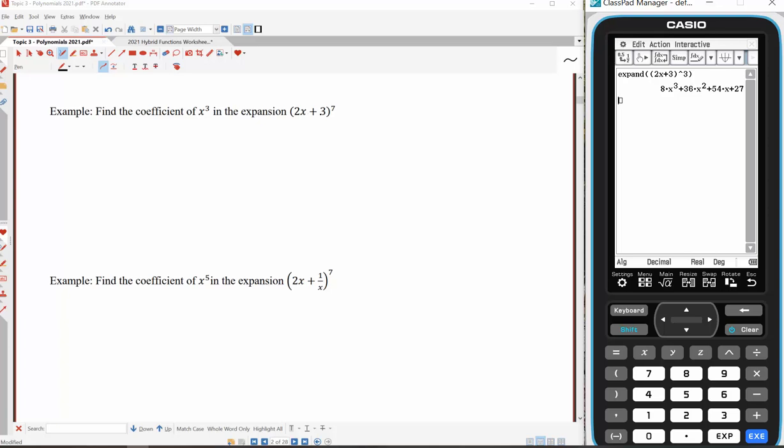So this one here is going to have a power 7 term, power 6 term, power 5 term, power 4 term, and a power 3 term, and it's the power 3 term that we want to get the coefficient of. So what we're going to have to do is generate 8 rows of Pascal's triangle to help us.